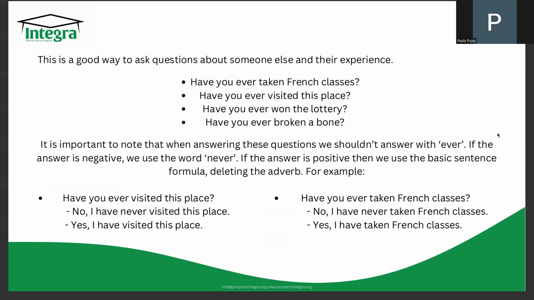Or what is a good way to put this to use? It is to ask questions about someone else and their experiences. So if you're interested in knowing someone or in knowing things that have happened in this person's life, let's say that you are meeting a new person and you want to be friends with them, then you can use this tense to talk to them.